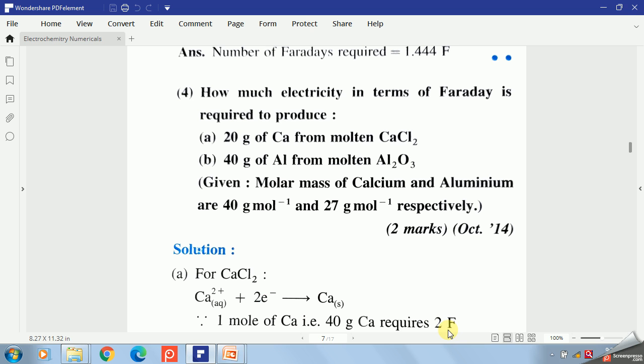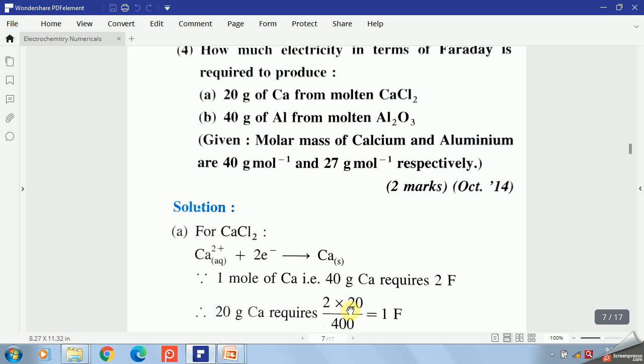So what is the Faraday required for deposition of 20 gram? So 40 gram corresponds to 2 Faraday, 20 gram corresponds to 20 into 2 divided by 40. Okay, so here is the correction. Instead of 400, it is 40. So 1 Faraday is your answer.